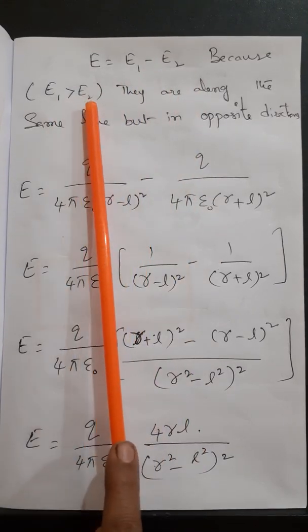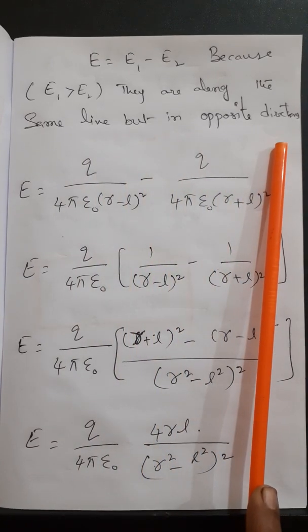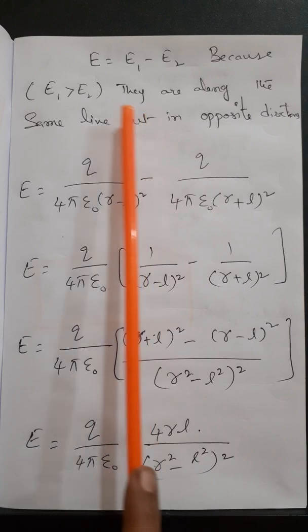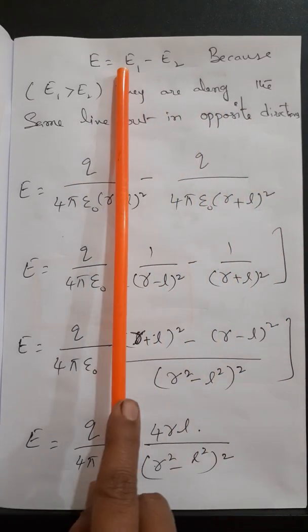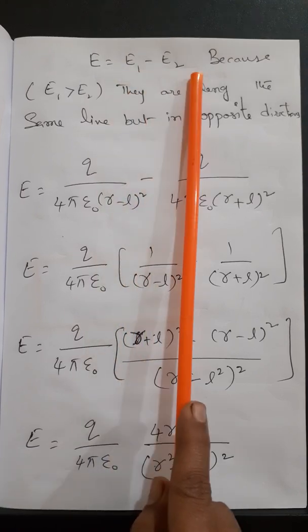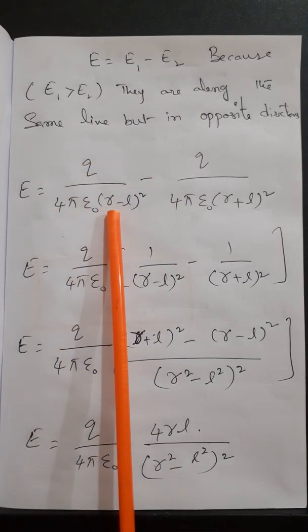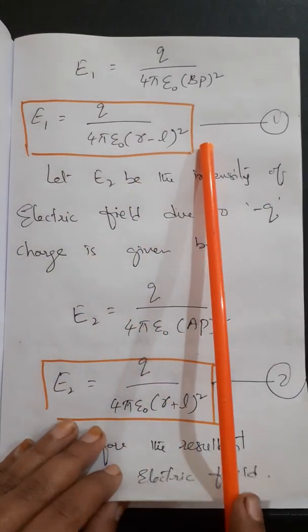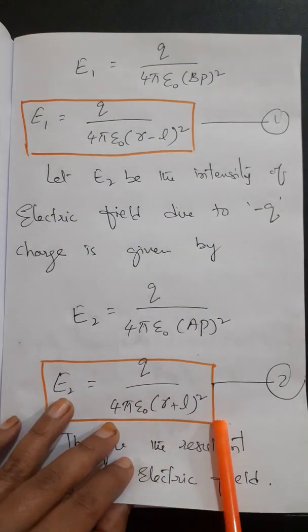Because E1 is greater than E2 and they are along the same line but in opposite directions. One charge is minus Q and one is plus Q, both on the same line but in opposite directions. That's why the resultant intensity will be E1 minus E2. The E1 value, as we calculated here, is Q by 4 pi epsilon naught into R minus L whole square, and the E2 value is Q by 4 pi epsilon naught into R plus L whole square.